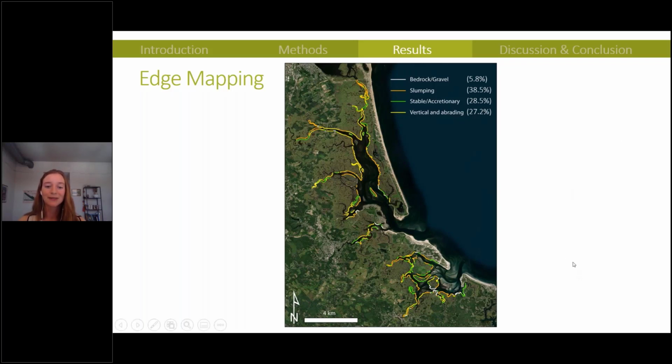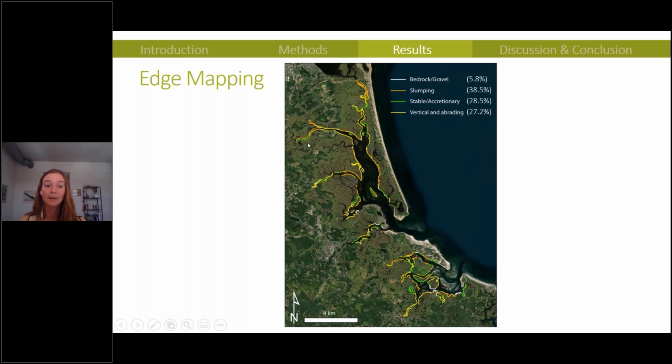And you can see here on first glance that there is really no spatial trend in the types of edge that are present. So you'd expect the edge right by really small channels, where there are essentially no waves, to be quite stable and not eroding.